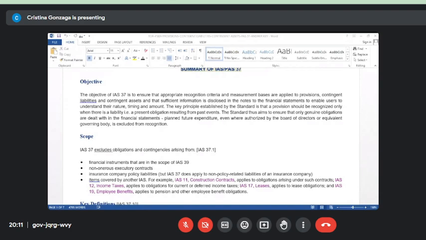Di ba there are two conditions for recognition and measurement of asset or liability? And that is, as in the case of asset, there is a probable benefit that will be derived in the future, and the amount can be estimated reliably.